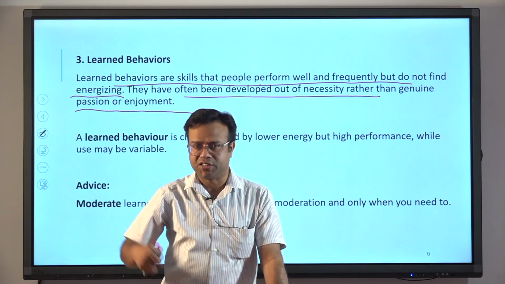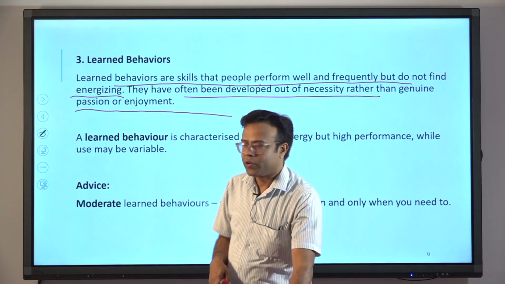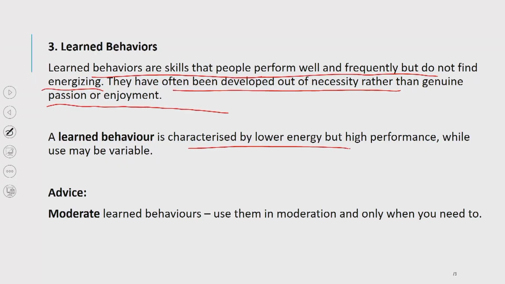A learned behavior is characterized by lower energy but high performance, obviously, because you have learned them out of necessity, so they can be connected to high performance, but you don't find energy when using them because they may not be connected with your strength. They can drain you, while their use may be variable. So the advice is to use them moderately, don't overuse them because it will exhaust you. We'll see why in the later part of this presentation.